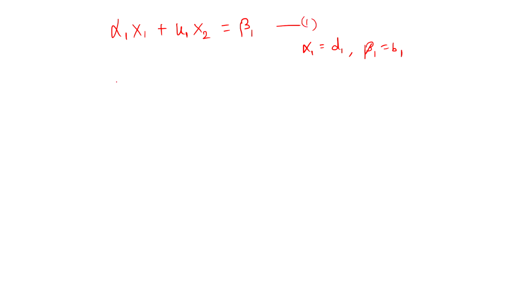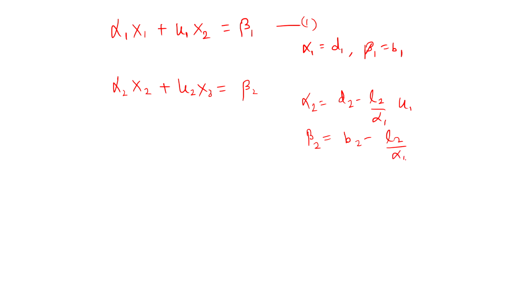My equation number 2 will become alpha 2 x2 plus u2 x3 is equal to beta 2, where alpha 2 is nothing but d2 minus L2 upon alpha 1 times u1, and beta 2 is nothing but b2 minus L2 upon alpha 1 times beta 1.